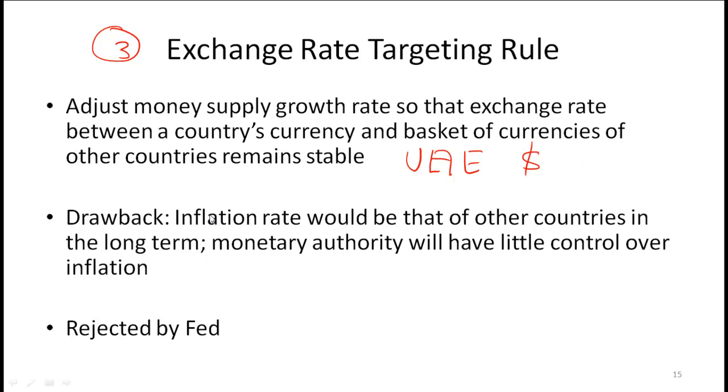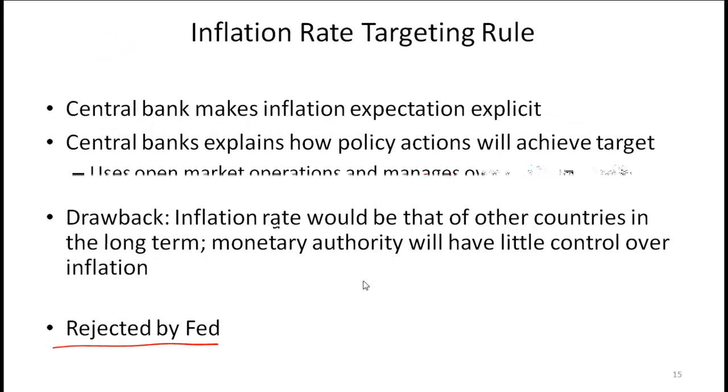But the drawback of this strategy is that the inflation rate would be that of other countries in the long term, and the monetary policy will have little control over inflation. And hence this strategy is also rejected by the Fed.